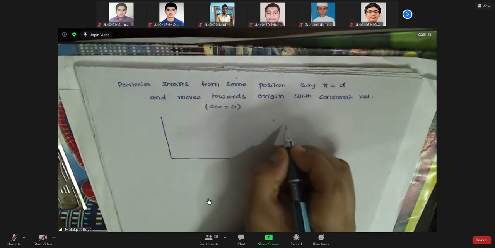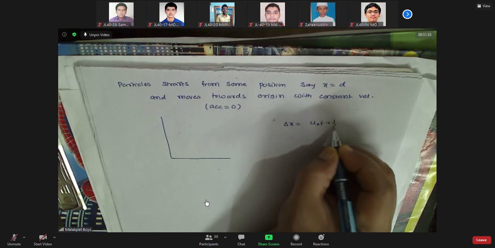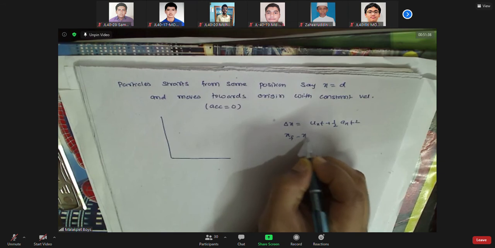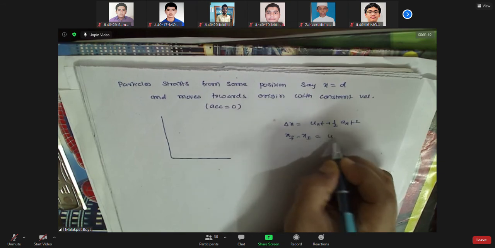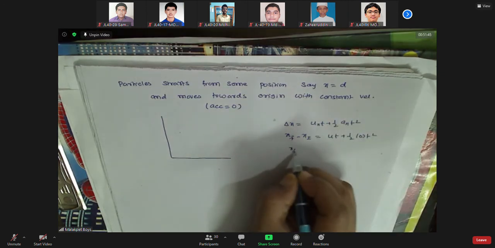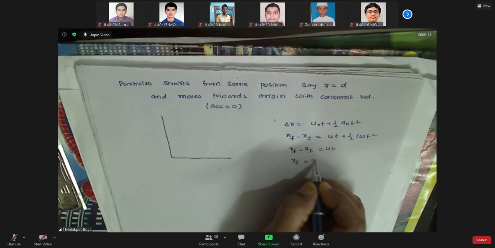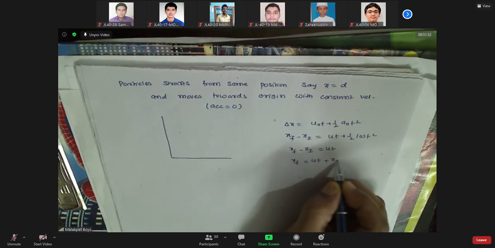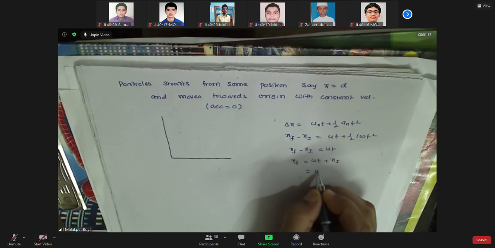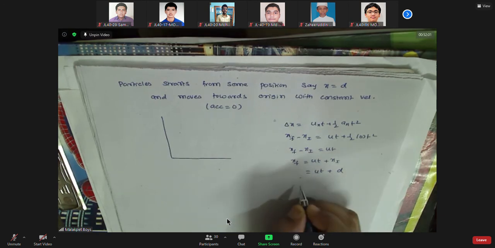That means you have x = ut plus half a x t squared. This is ut, this is d. Do you agree with this or not? This is ut plus d. Agreed?